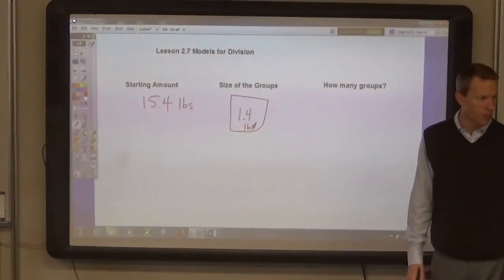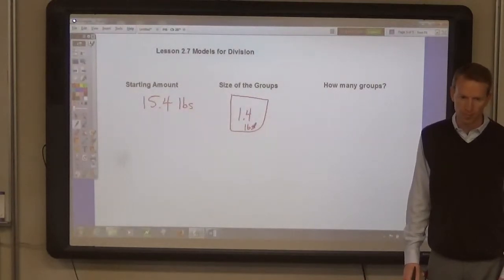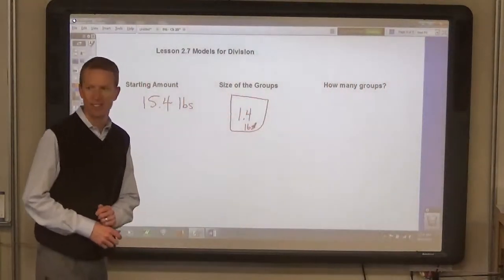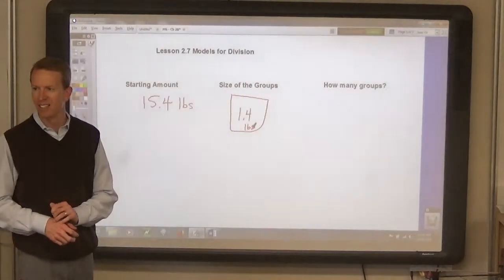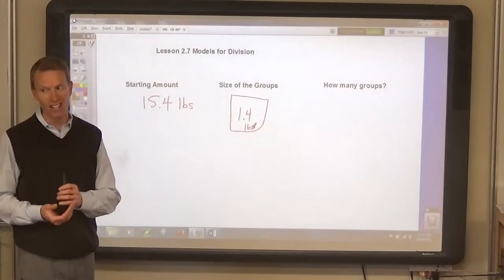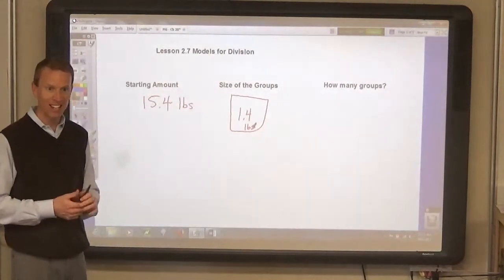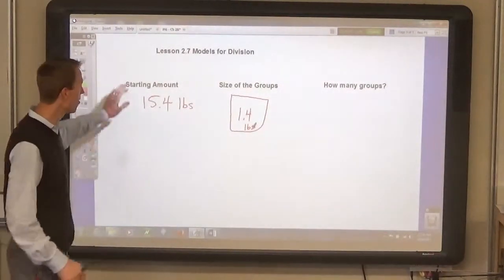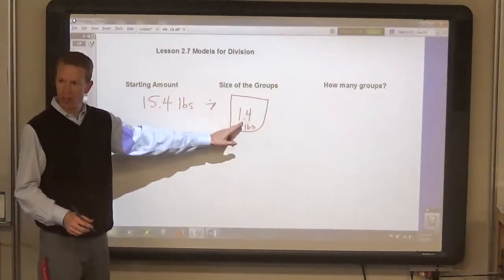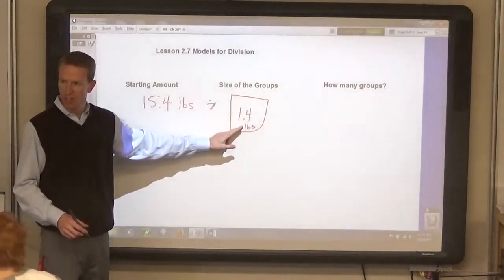How many groups can you make? Now, what operation is this? Is this adding, subtracting, multiplying, or dividing? Dividing. It's taking a starting amount and dividing it by, or putting it into groups of 1.4.